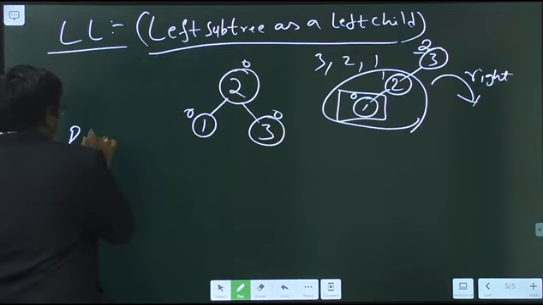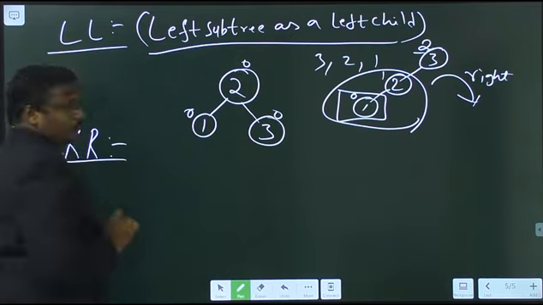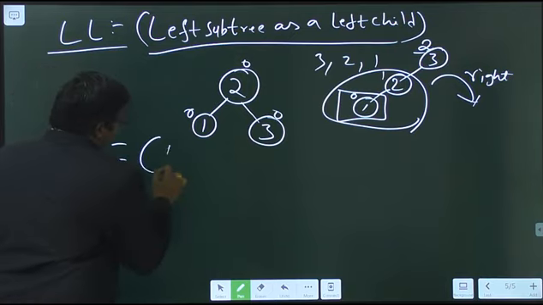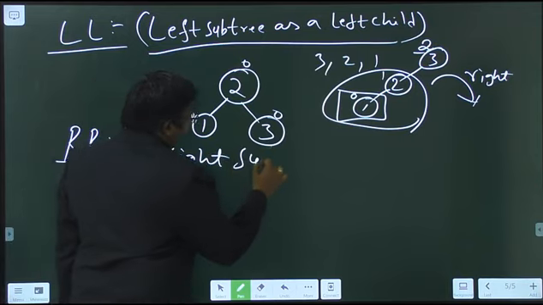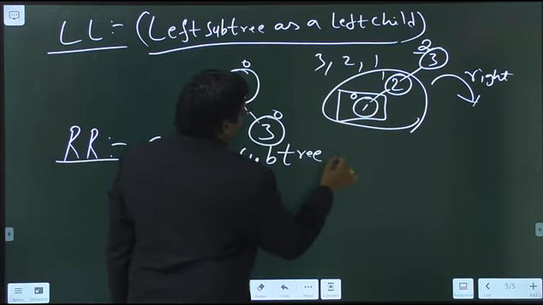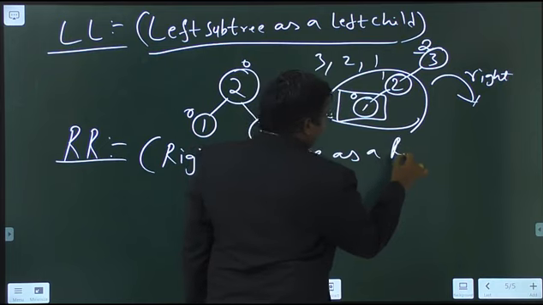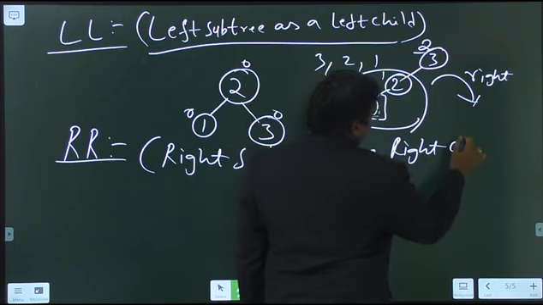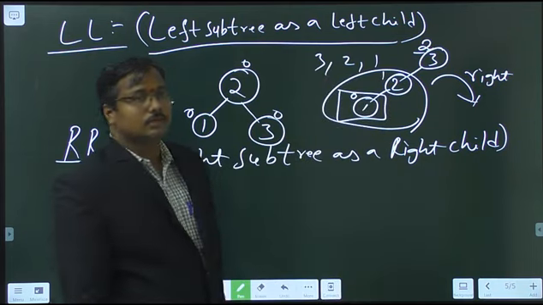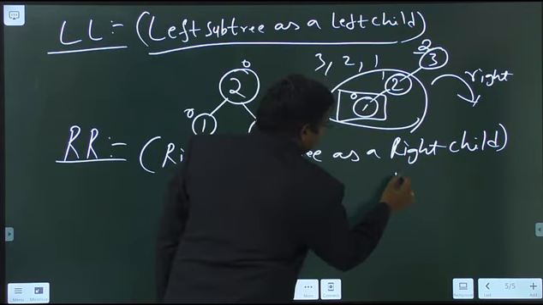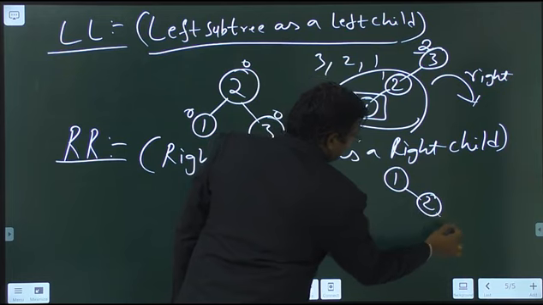The next one is the RR case. RR case means that we insert into the right subtree as a right child and get an imbalance. It is the perfect reverse. Reverse example: 1, 2, 3.